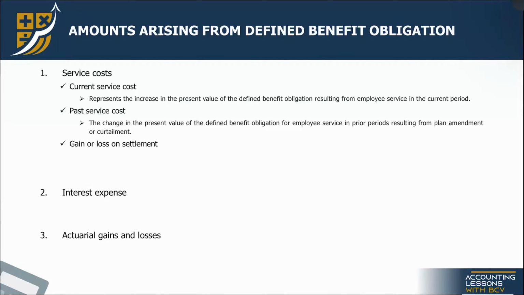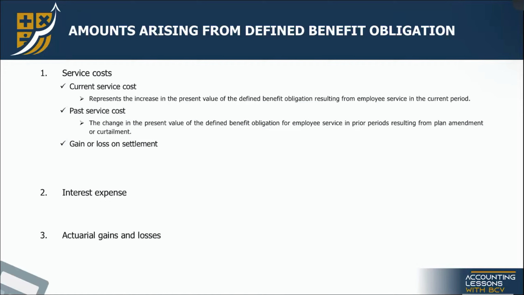So when we say plan amendment, these are changes in the retirement benefit plan of the employer. Ano example nun? Maglalagay siya ng panibagong characteristics, may mga tatanggalin siyang mga terms na meron dati. Yan ang tinatawag nating plan amendment. Okay? Pag plan curtailment naman, when we say curtailment, it means reducing or restricting.